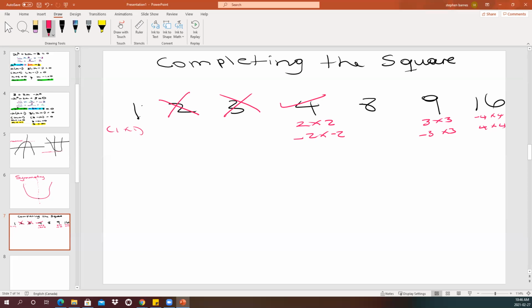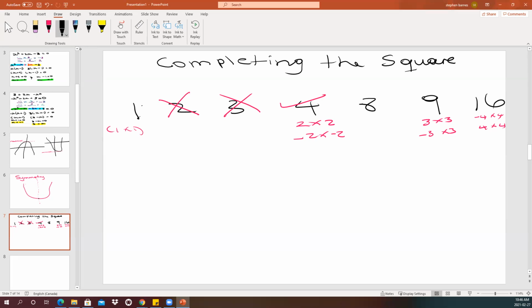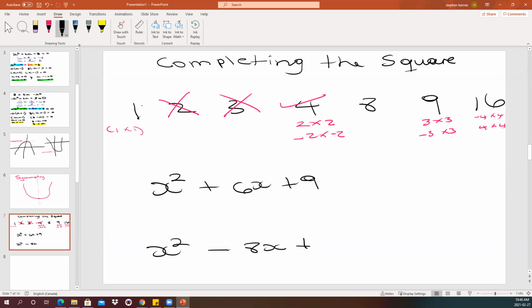So let's take an example. Take an algebraic expression like x squared plus 6x plus 9, versus x squared minus 8x plus 9.